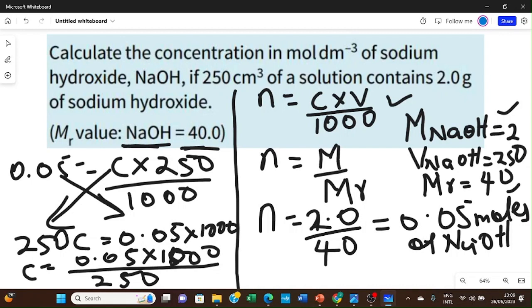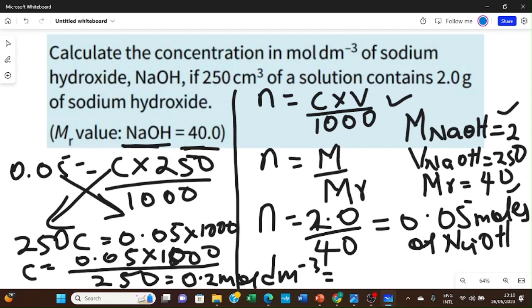So let me use my calculator. 0.05 times 1000 divided by 250. So the concentration will be equal to 0.2 mole per dm cube.